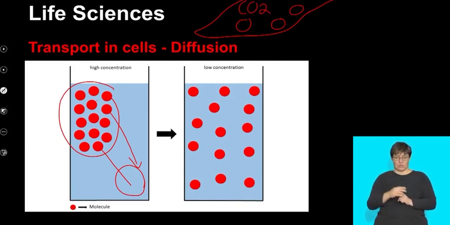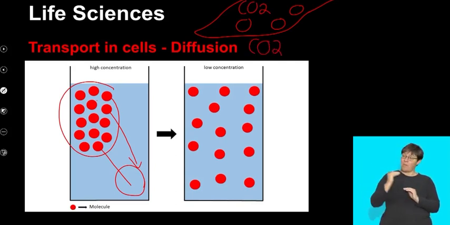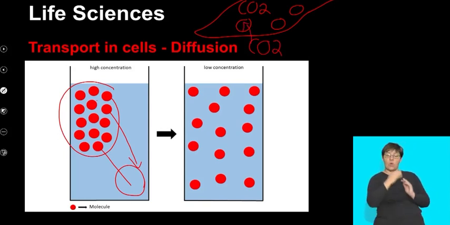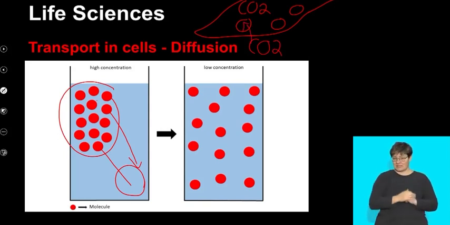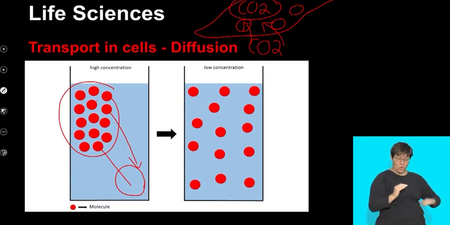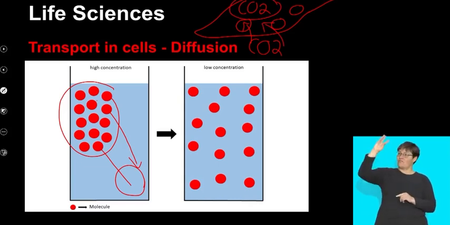So carbon dioxide will move from a high concentration outside the plant into a low concentration in the plant. I know this is a weird concept for you, but that process of diffusion, moving something from a high to a low, actually enables the plant to photosynthesize.